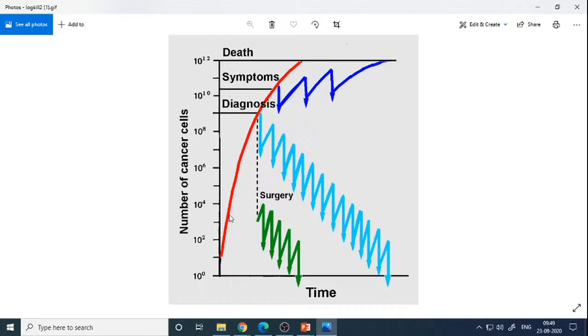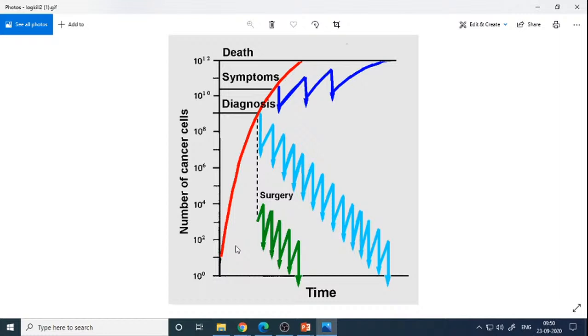So we know that cancer cells, like any other cell in the body, grow exponentially, but the rate at which the exponential growth happens is very rapid in the malignant cells. In normal cells, the number of cells formed is exactly similar to the number of cells needed to be replaced. But in cancer, irrespective of the number of cells that are dying, excessive numbers of cells are being formed because of dysregulation in the cell cycle.